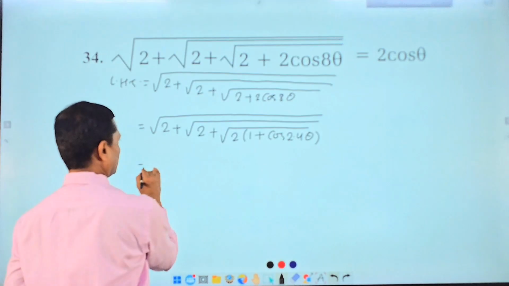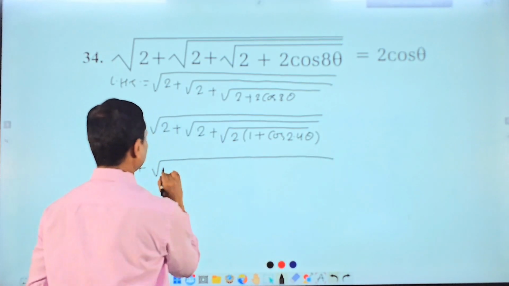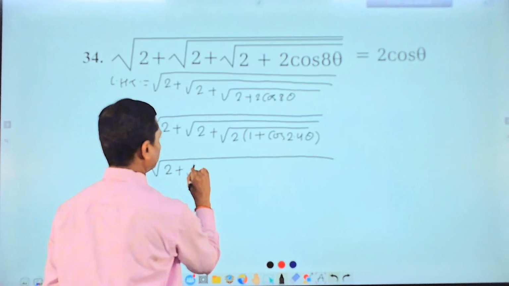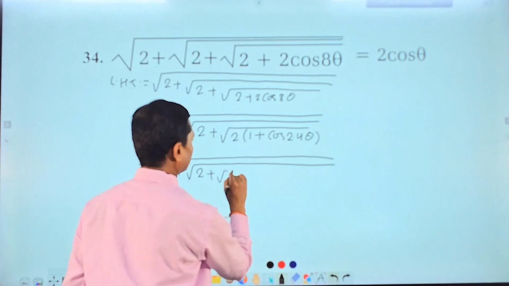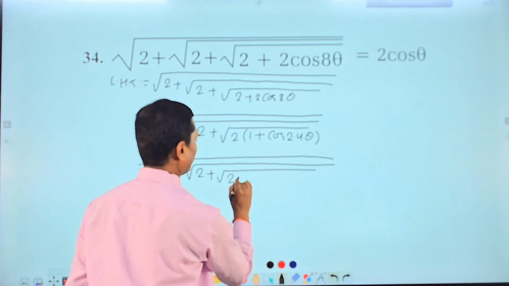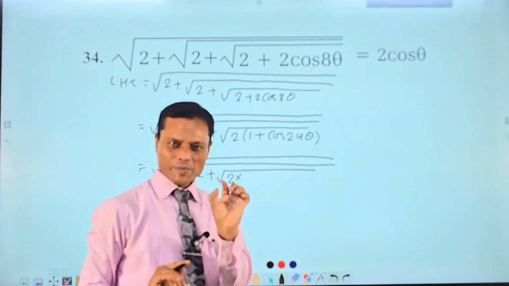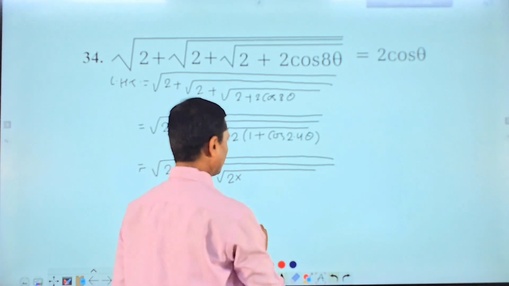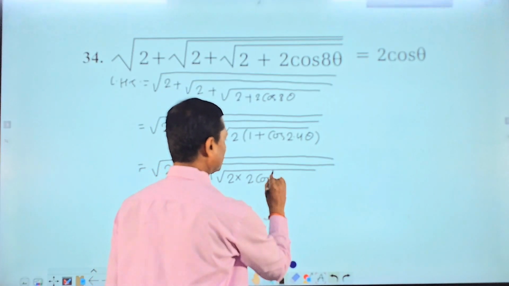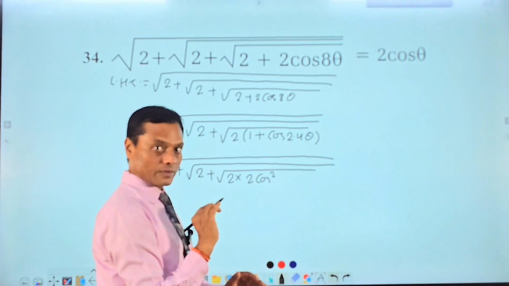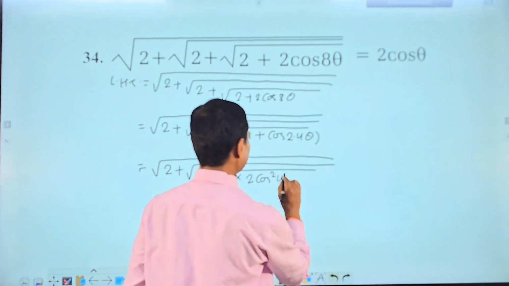Next one. Once again you have now here, there's a 2 plus, this is 2 plus, here is 2 into 1 plus cos 2 theta. Remember one formula: 1 plus cos 2 theta equals 2 cos square theta, right? So you can add here 2 cos square, and at the place of A we have 4 theta, so we write here 4 theta.